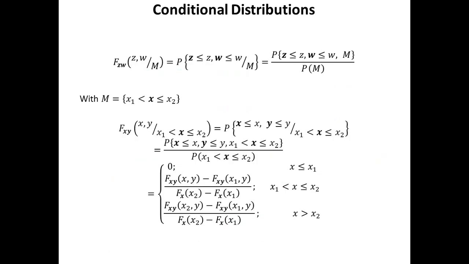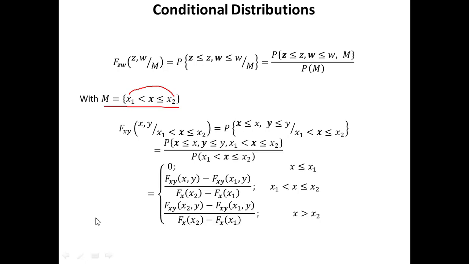Now let us consider a second scenario where the event M is defined as the event for which the random variable takes values between x1 and x2, with x2 included.